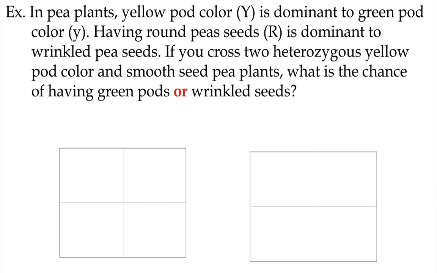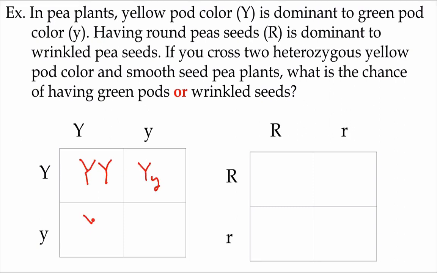So we're going to do this by just making a simple 4-box Punnett square. Now both of these are heterozygous. I am going to cross a heterozygous yellow with a heterozygous yellow. So if I do my Punnett square, now I'll do the same thing with my heterozygous round seeds as well. So my question is, what is the chance of having green pods or wrinkled seeds?